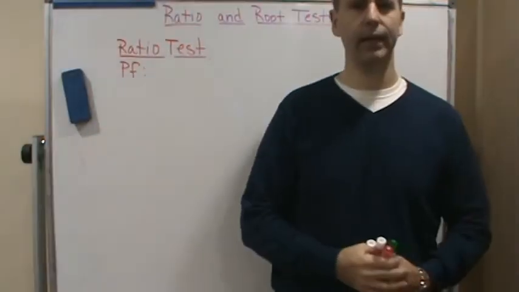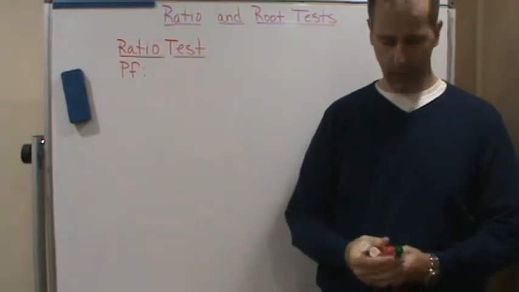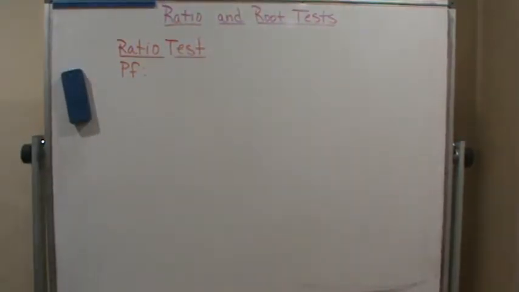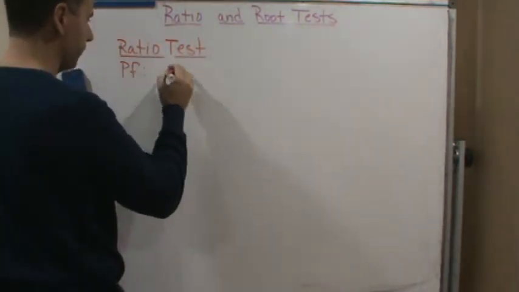Okay, so welcome back, and now what we're going to do is a proof of the ratio test. Again, there are three cases we're going to go over, so let's start with the first case. We're going to let this be a series of non-zero terms.